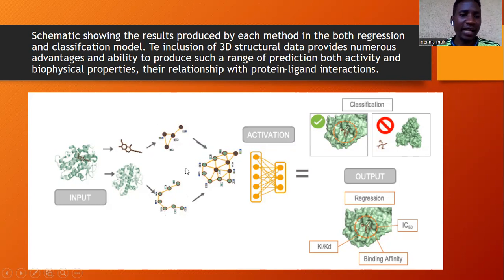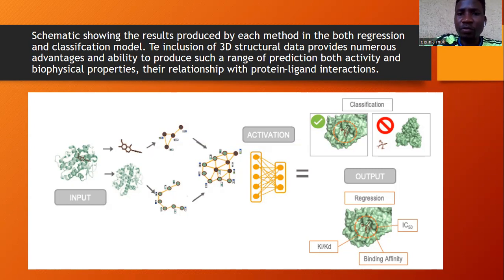So basically, in a nutshell, this schematic illustration shows the results produced by each method in both regression and classification models.